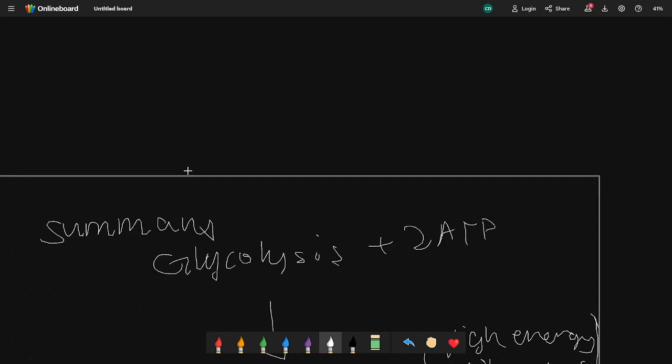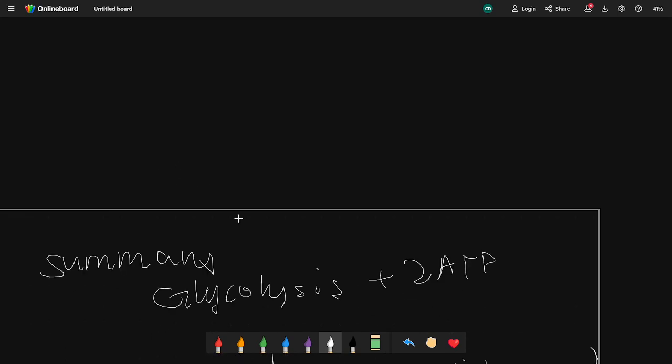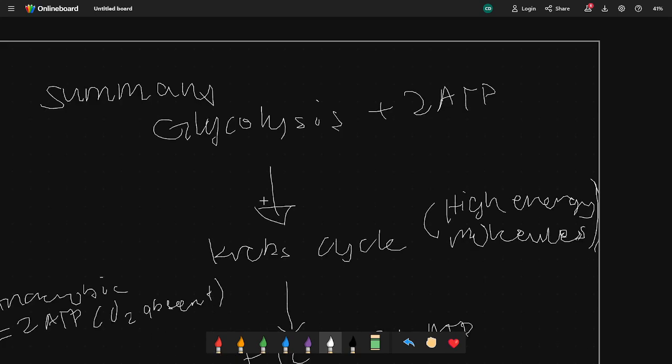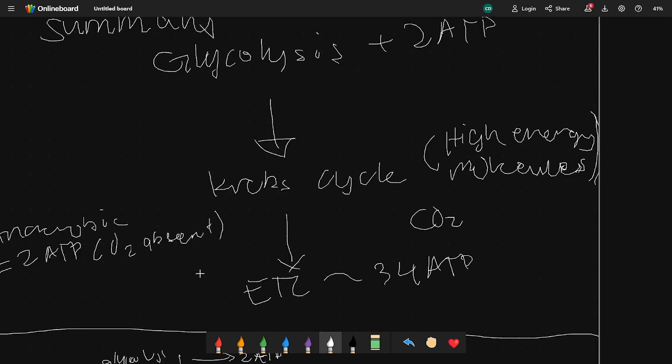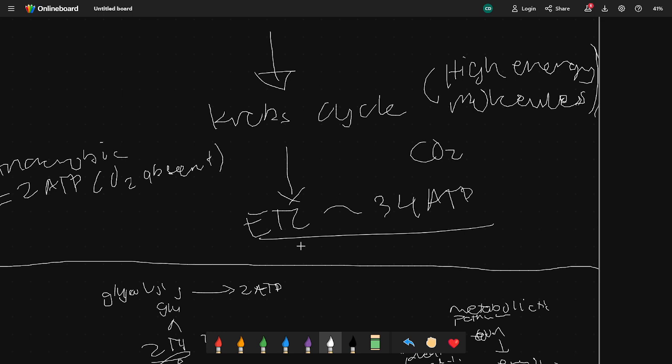To summarize everything: glycolysis kicks things off in the cytoplasm, splitting the glucose for a small ATP yield. The Krebs cycle in the mitochondria pulls energy from acetyl-CoA and generates CO2. The last major step is the electron transport chain, which makes a bulk of 34 ATP.